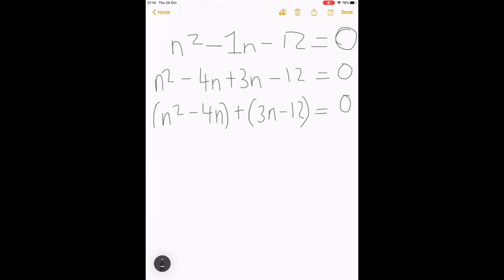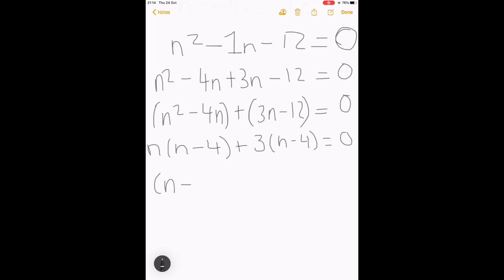The common factor in the first bracket is n, so we take n out of the bracket, and we have n minus 4 here, plus, the common factor in the second bracket is 3, so we take 3 out, and we have n minus 4, which equals 0.